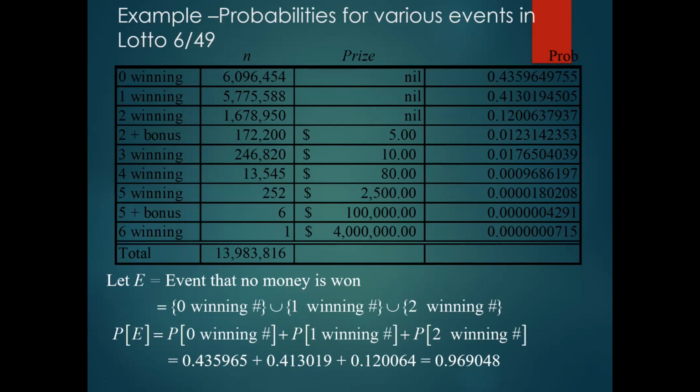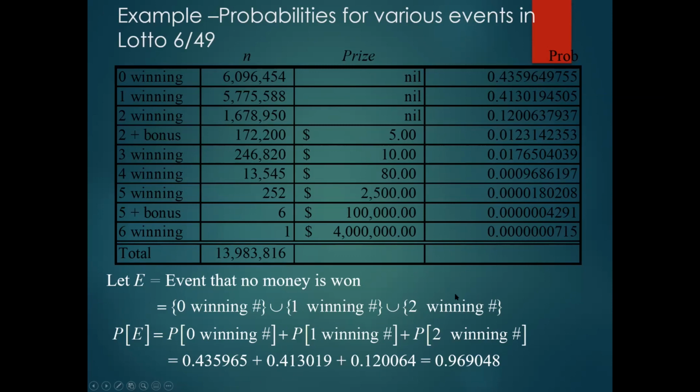Now, what is the event that no money is won? No money is won if you have 0, 1, and 2 winning. It means that you guess one of the numbers correctly, or you guess 2 of the numbers correctly, so you don't win any prize for that. So what's the probability? You know that these are mutually exclusive events, so you have 0, union, 1, and 2.